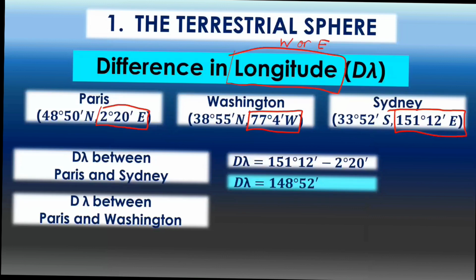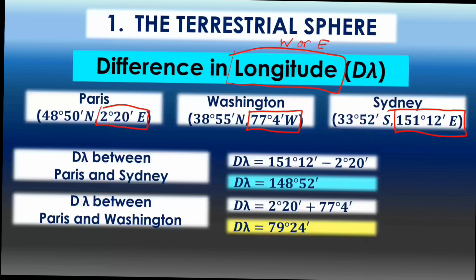If the sum is greater than 180 degrees, you deduct the sum from 360 degrees. So let us add: 2 degrees, 20 minutes plus 77 degrees, 4 minutes. The answer is 79 degrees, 24 minutes, and that is the answer because it is less than 180 degrees.